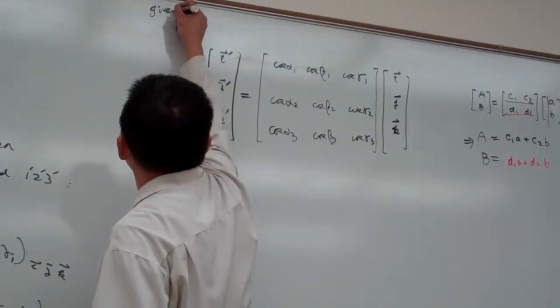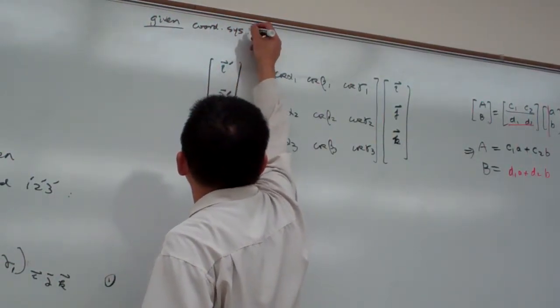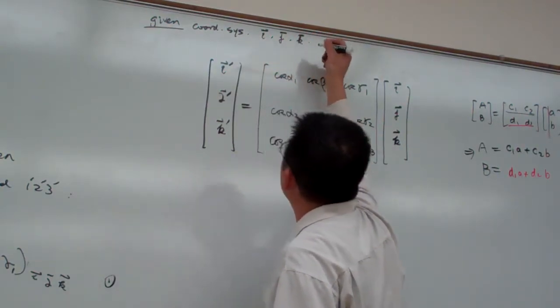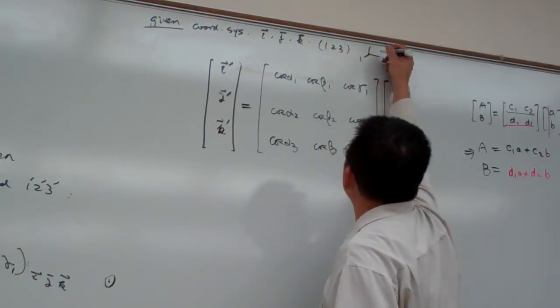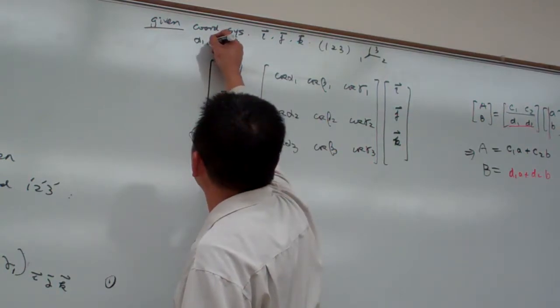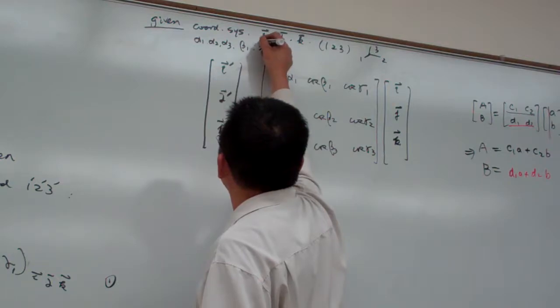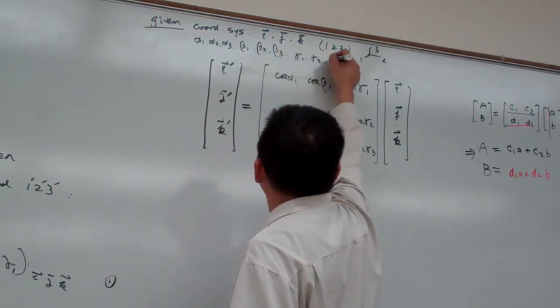We are given the coordinate systems I, J, K, which means the 1, 2, 3, and also we are given alpha 1, alpha 2, alpha 3, beta 1, beta 2, beta 3, gamma 1, gamma 2, and gamma 3.